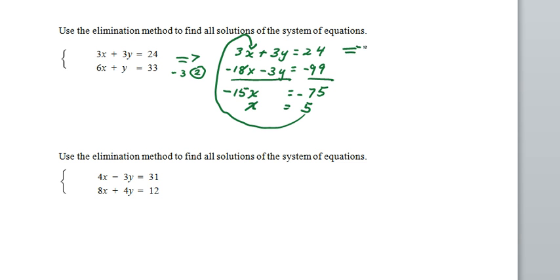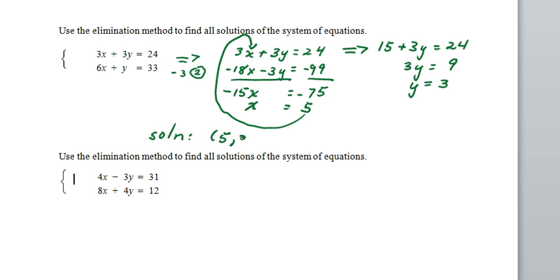That will give me 3 times 5, which is 15, plus 3y equals 24, which in turn gives 3y equals 9, or y equals 3. So our solution is the ordered pair 5, 3.